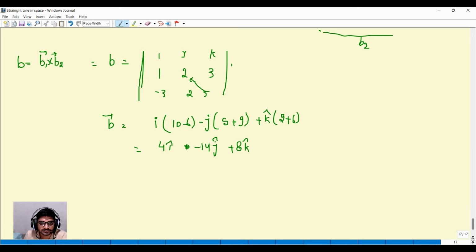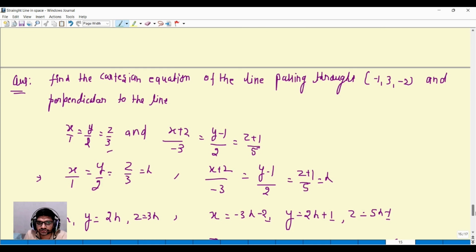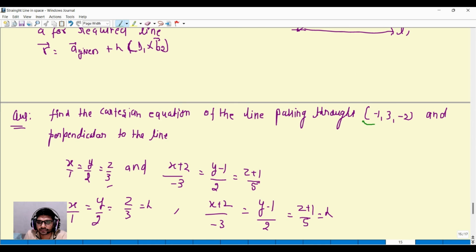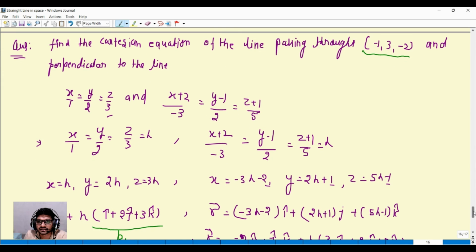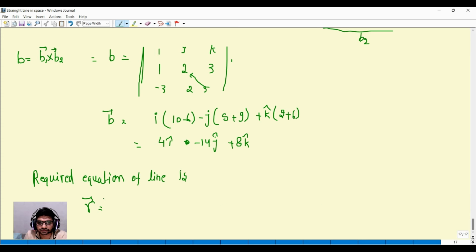The required equation of line is r equals a plus lambda b, where a is the position vector. Position vector is the point through which the line passes. So the position vector is minus i plus 3j minus 2k.